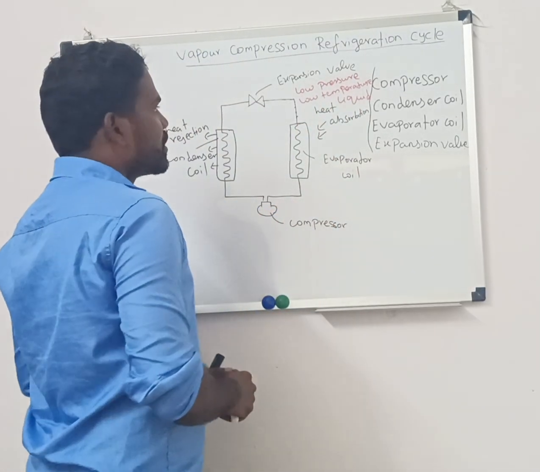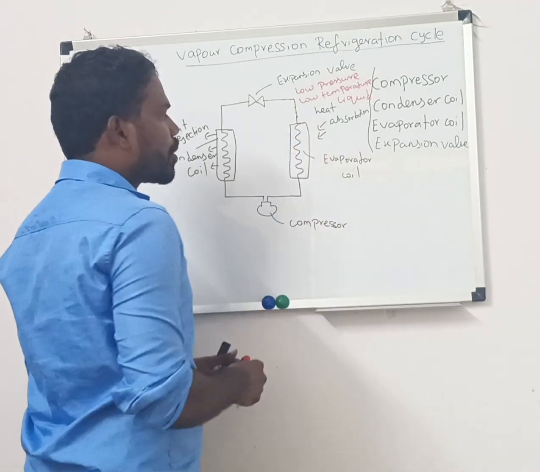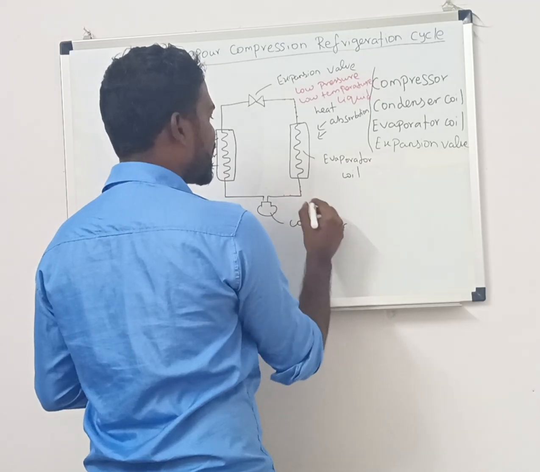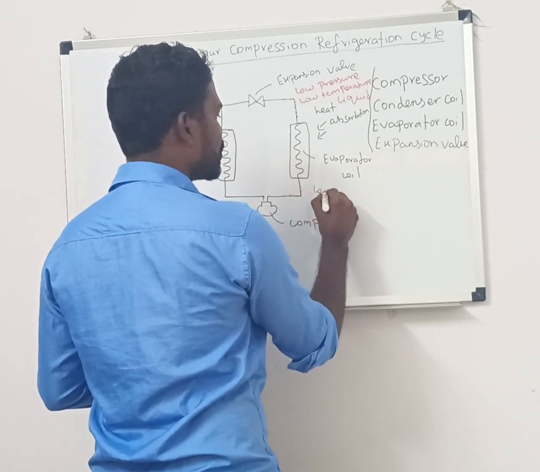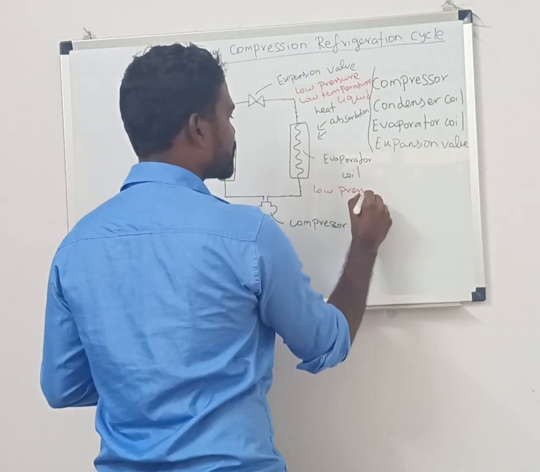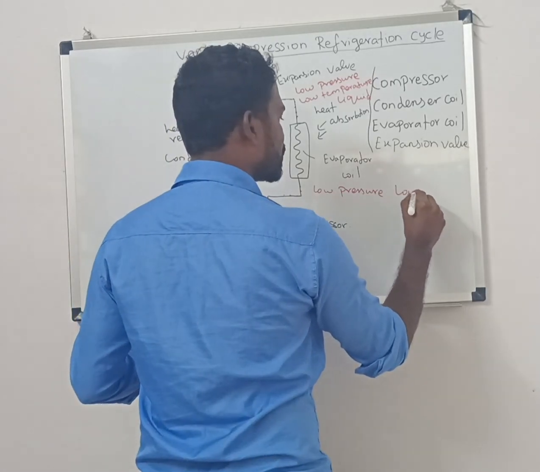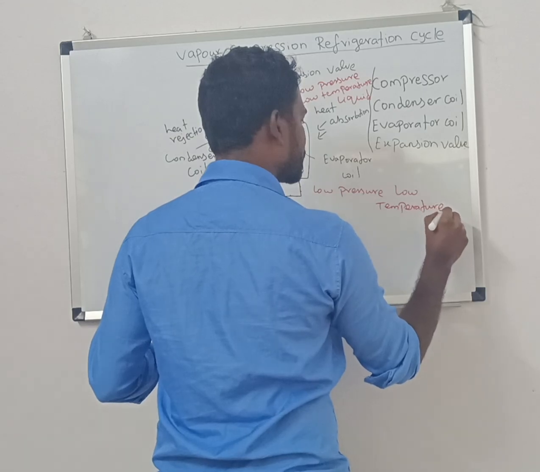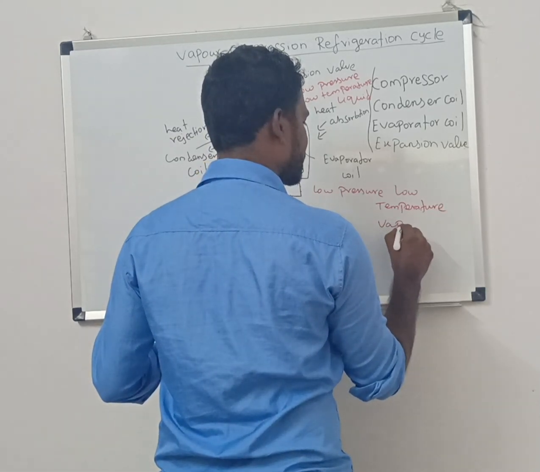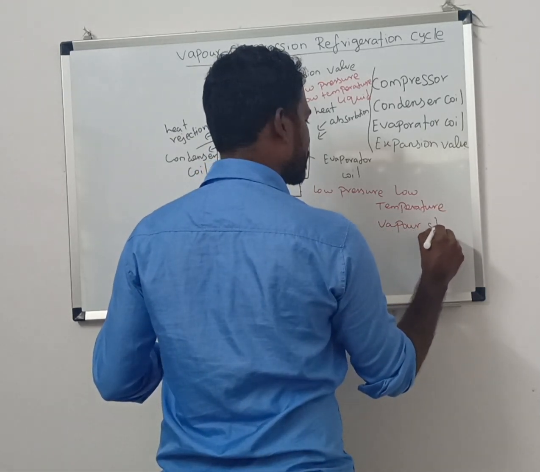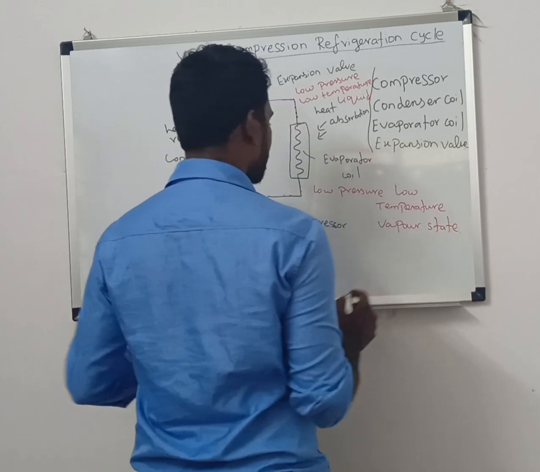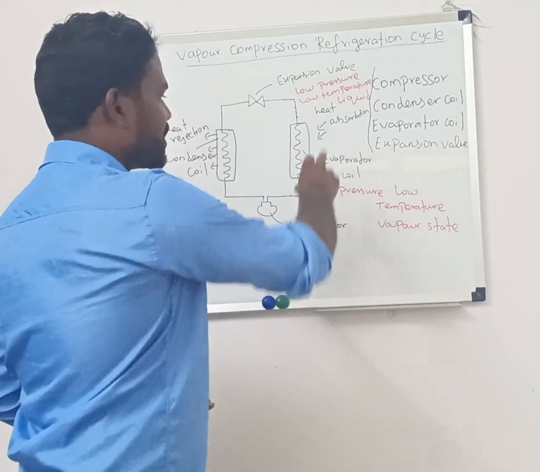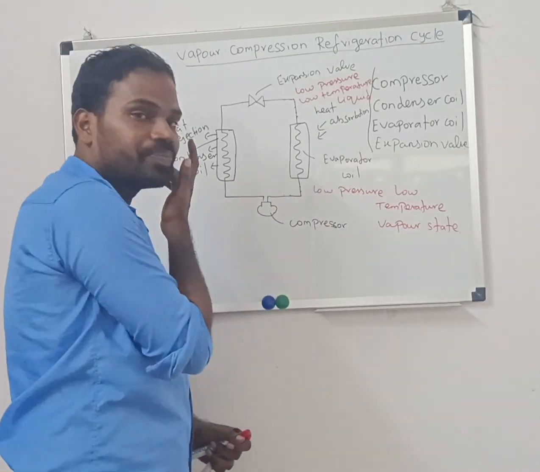The liquid will cross over the evaporator coil and then start to change to a low pressure, low temperature vapor state. Here only a phase change occurs.